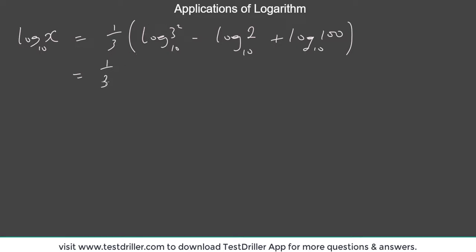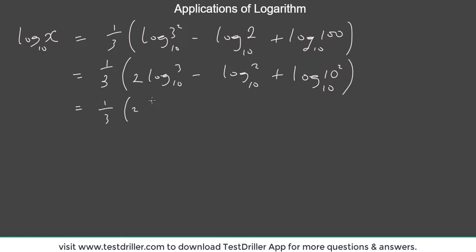So this becomes 1 over 3 into bracket 2 log 3 to base 10 minus log 2 to base 10, then plus log 10 to base 10 raised to the power 2 to base 10. Then we can simplify further as follows: 2 log 3 to base 10 minus log 2 to base 10 plus 2 log 10 to base 10.